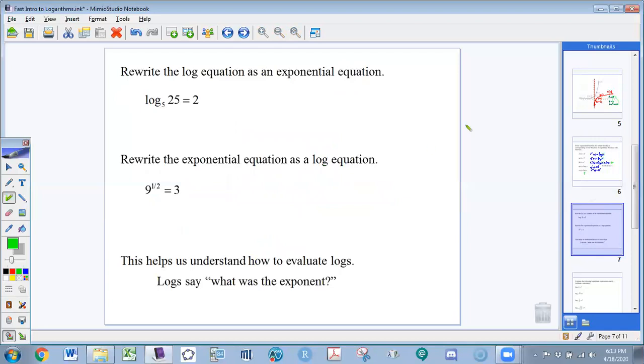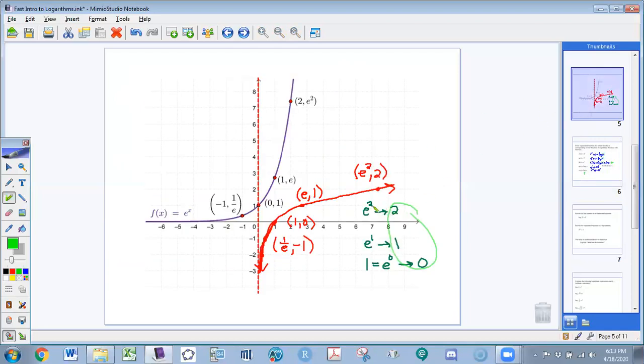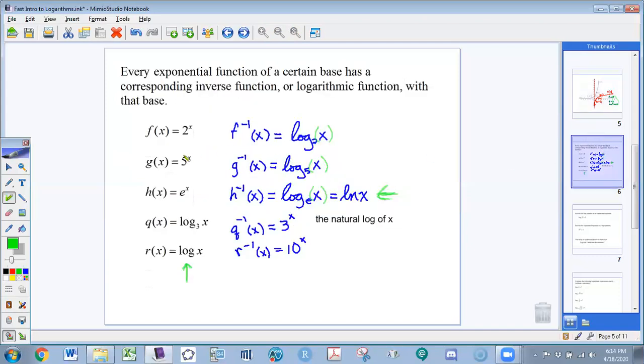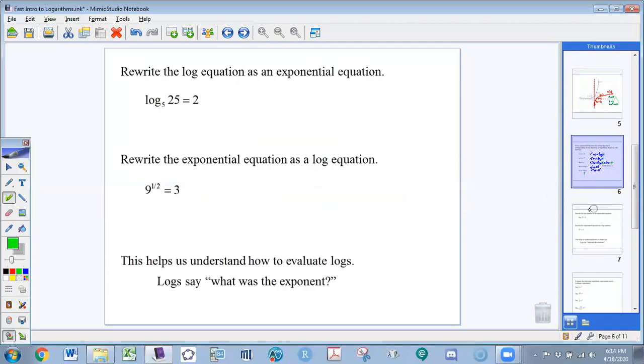So looking at this and remembering what happened over here with the inputs and outputs flipping, and looking again at the fact that each of these has a corresponding inverse function, we want to rewrite the log equation we have here as an exponential equation. Basically, this is your exponent and this is your base.